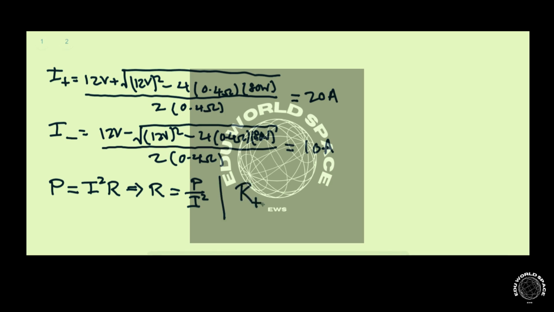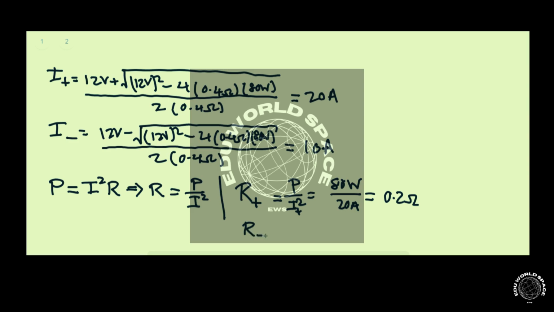So we can have two R's, so R plus, which will be P over I plus squared, which is equal to 80 watts, right? Because we want to know what R is when the power is 80 watts, divided by I plus, which is 20 amperes, squared. So this gives us a value of 0.2 ohms.